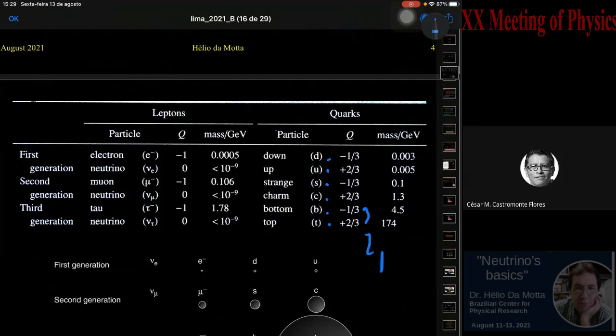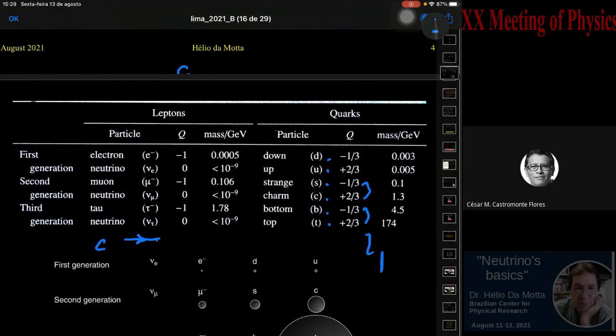Okay? So that's very interesting. That means that if you have, say, quark C here, remember that all particles have this weak interaction. Let's say a quark C is here.